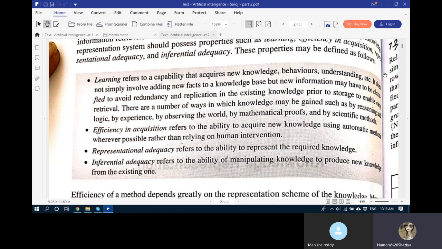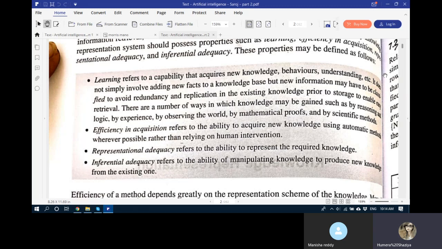And finally, inferential adequacy. It is the ability to manipulate knowledge to produce new knowledge. We looked at a few methods for inferencing. What are the methods for inferencing?